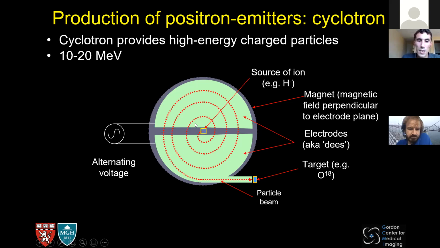With the action of the magnetic field, you confer a spiral trajectory to those particles so that in the end they reach enough energy to hit the target and produce the reaction that we want, okay? I'm not an expert in cyclotrons, so I think you'll have a lecture on radiopharmacy later on where you'll talk more about that. But this is just roughly how it works.